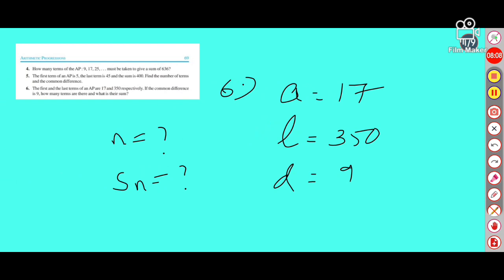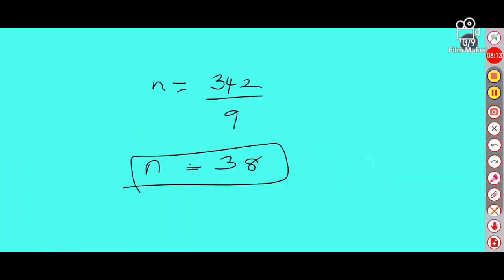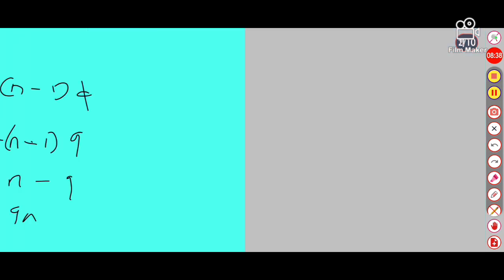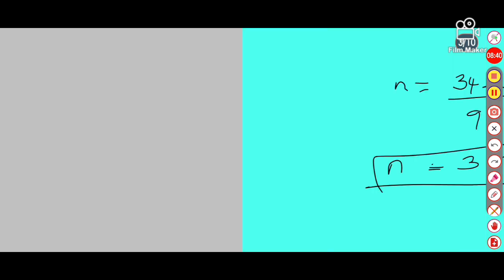Then they are asking us to find what is their sum, Sn. We have a formula for Sn, that is Sn equals n by 2 into A plus An. We know the value of n to be 38. 38 by 2 into the value of A is 17 and An is 350.